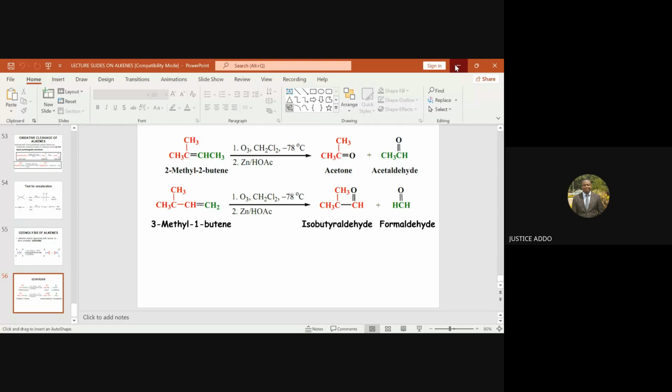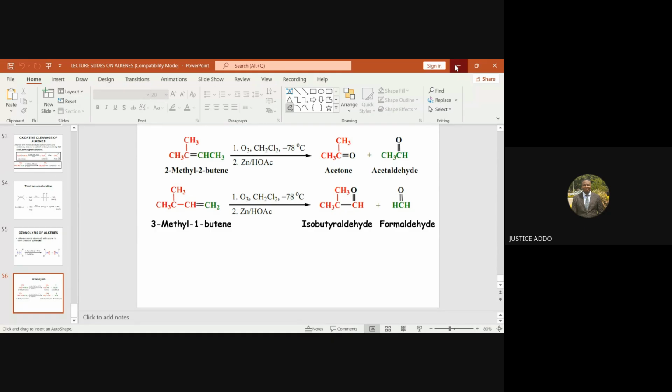That fragment will form an aldehyde. The side of the double bond carbon which has no hydrogen on it will give you a ketone. Then, what is the reagent for ozonolysis? Ozone, O3, followed by reduction, zinc in acetic acid.